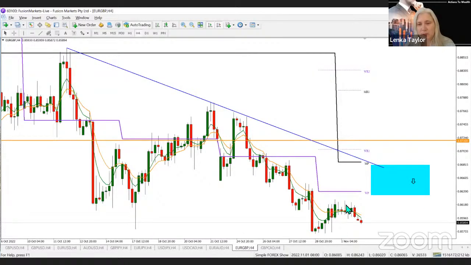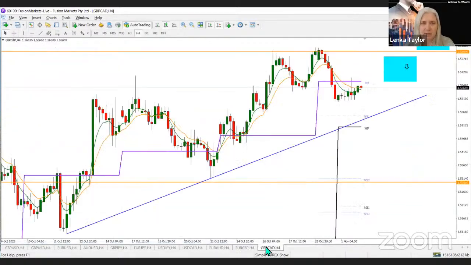At the moment, we only had a very short one, so I'm looking for a further pullback first before getting into that trade. Above that weekly pivot, ideally touching that trend line would be great, and any rejection or reversal from there is what I would be looking for and interested in taking a short position on.